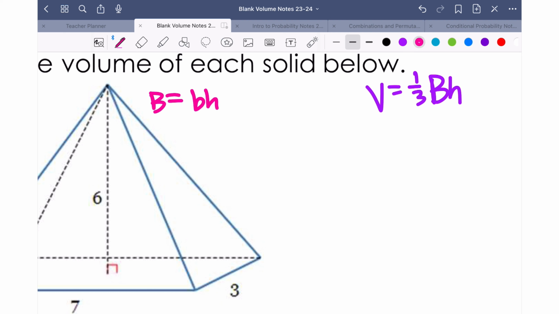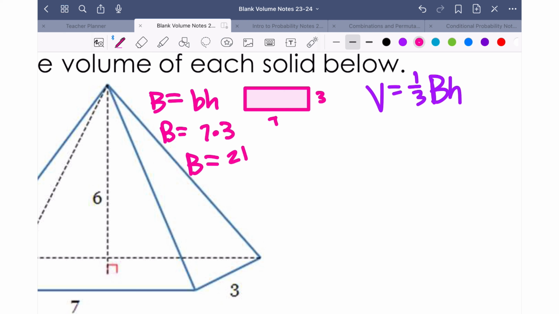Base times height. What are the measurements for this rectangle? So 7 and 3. Okay, so the area equals 7 times 3. Which is what? 21. Okay.